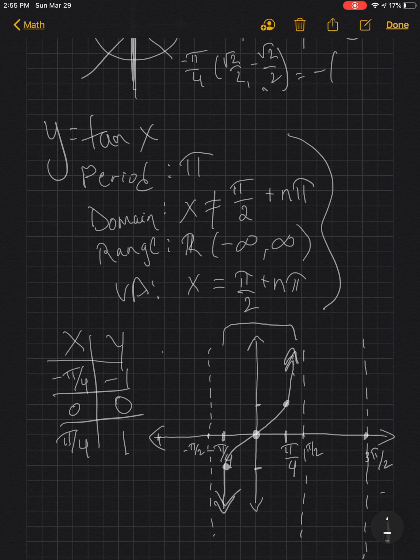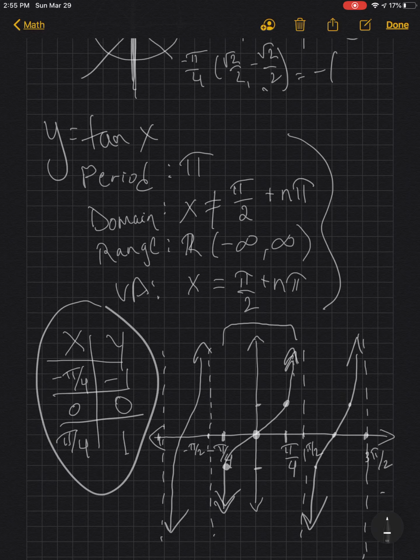This would be negative 3 pi over 2. So what we're going to do is make a few more, and we're just going to basically make the same sketch. We don't need to define what these points are. Just sketch the same thing here, like that. Just make it look the same. And voila, you've got your parent function of tan x. So once you just do 3 points, you can just sketch the rest.